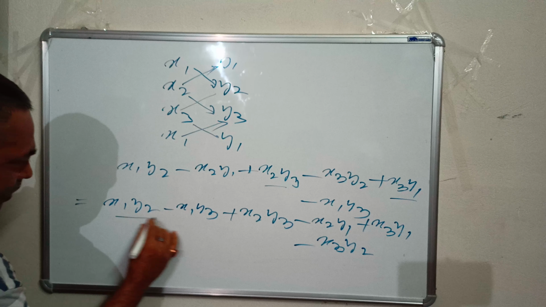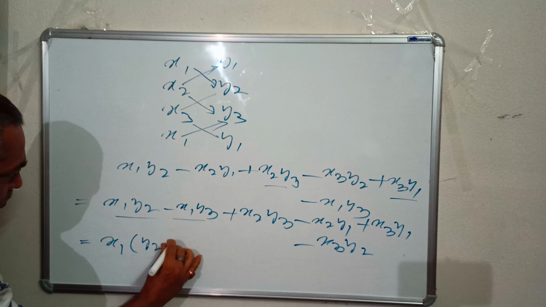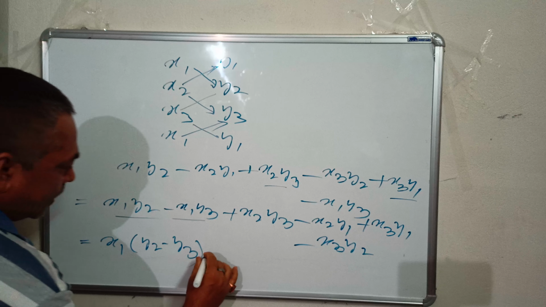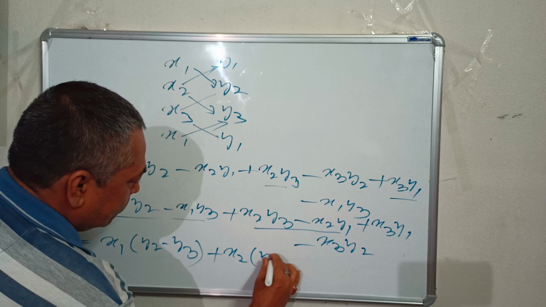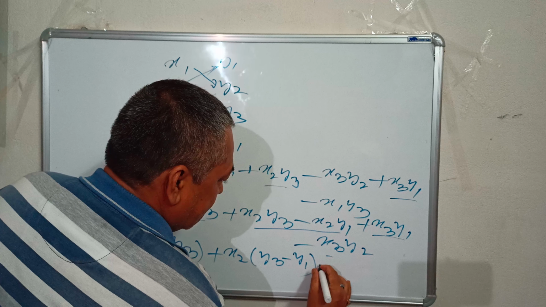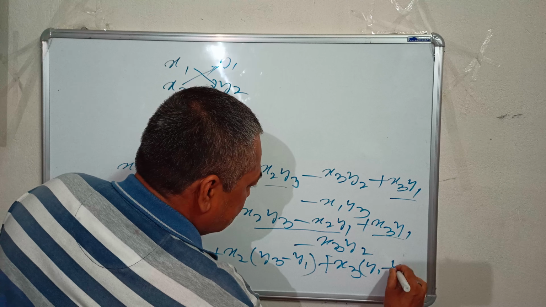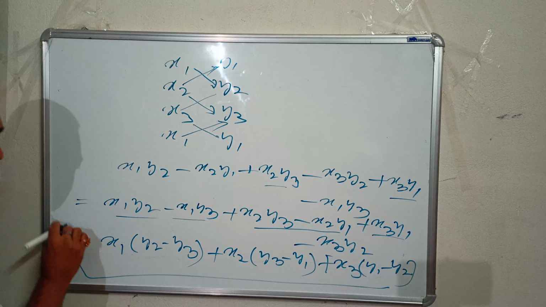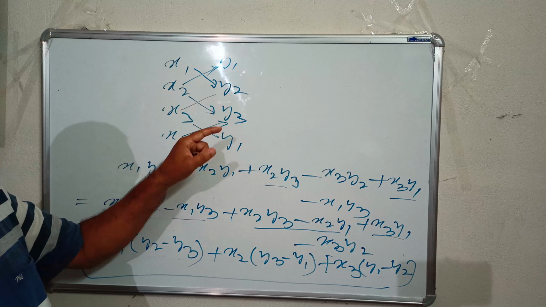Now from these two you take x1 common, you get y2 minus y3, plus x2 common, you get y3 minus y1, and from the last two x3 common, you get y1 minus y2.